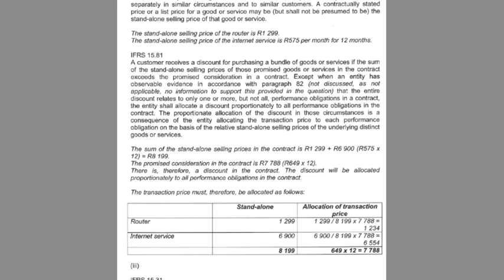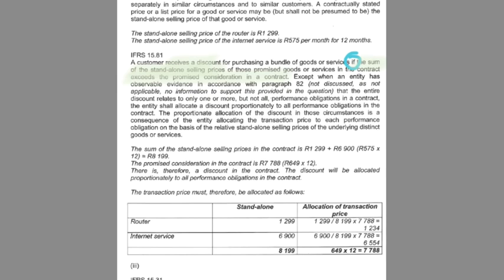It wasn't said that the customer receives a discount, but paragraph 81 says, a customer receives a discount for purchasing a bundle of goods or services if the sum of the standalone selling prices of those promised goods or services in the contract exceeds the promised consideration in the contract. And then they go on and say, sometimes you would allocate the discount only to one specific performance obligation, but that has to be very specifically mentioned. Otherwise, you will allocate the discount to all the performance obligations.